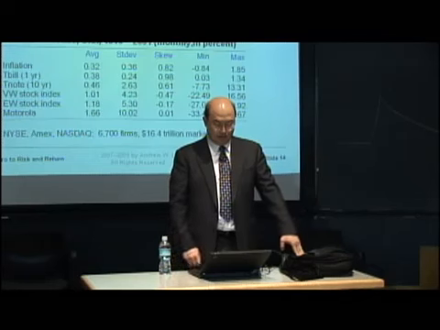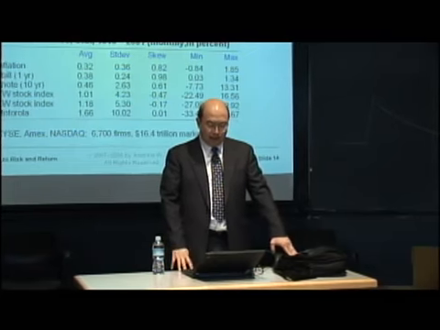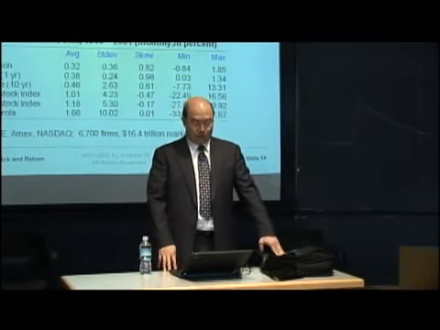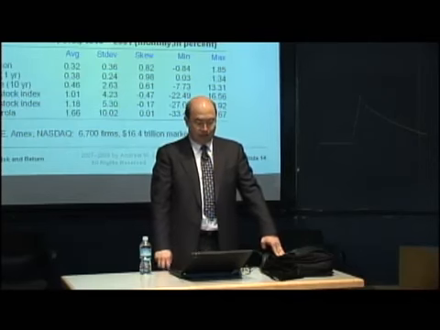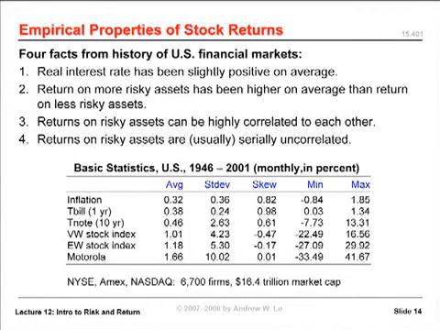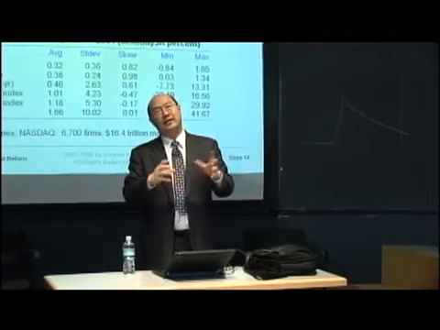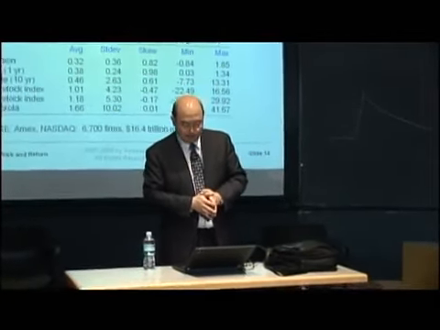Okay? On the other hand, if you take a look at the stock market, which is represented by the VW stock index, the VW doesn't mean Volkswagen. VW stands for the value weighted index. It's an index of all the stocks on the NYSE, Amex, and NASDAQ weighted according to their outstanding market capitalization.